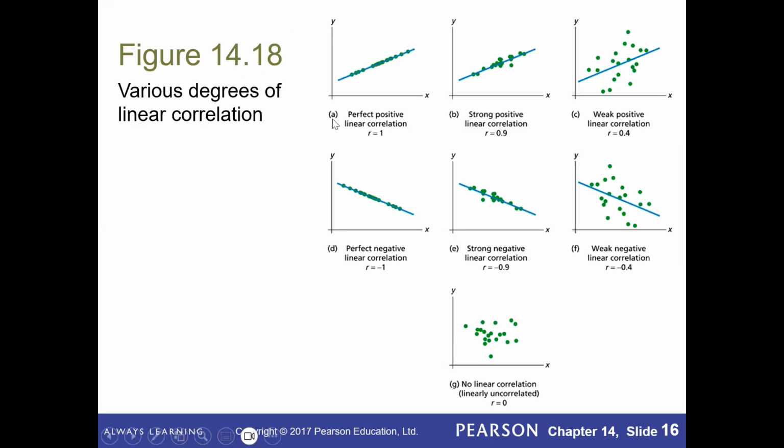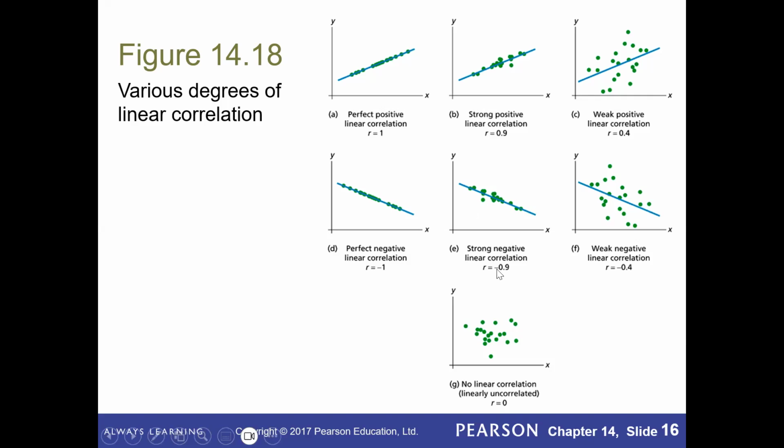Figure A shows that there is perfect positive linear correlation if the value of r, which is the correlation coefficient, is 1. A value of r of 0.9 suggests that there is a strong positive correlation between variables x and y.